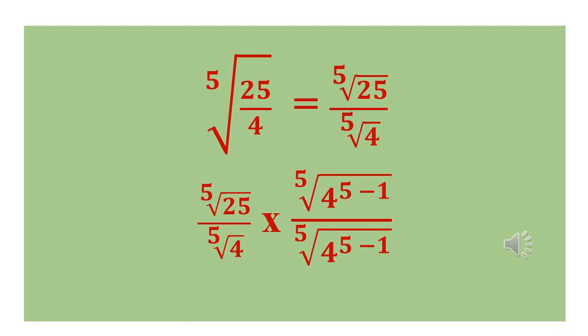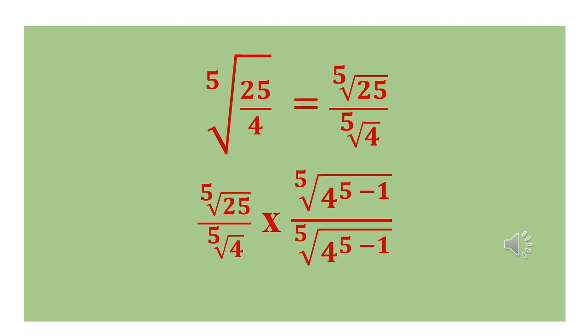Then if we simplify further, the fifth root of 25 over the fifth root of 4, we can just multiply both by the fifth root of 4 raised to power 5 minus 1 over the fifth root of 4 raised to power 5 minus 1. The fifth root of 4 raised to power 5 minus 1 divided by the fifth root of 4 raised to power 5 minus 1 will give us 1.